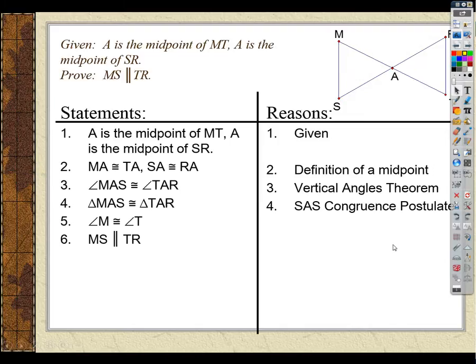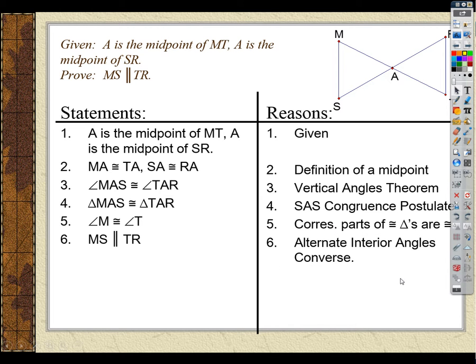Then we said the left triangle and the triangle on the right are congruent by SAS. Then we said angle M is congruent to angle T by CPCTC. And the last step, then we know that the segments are parallel by alternate interior angles converse, right? It's a lot of stuff.